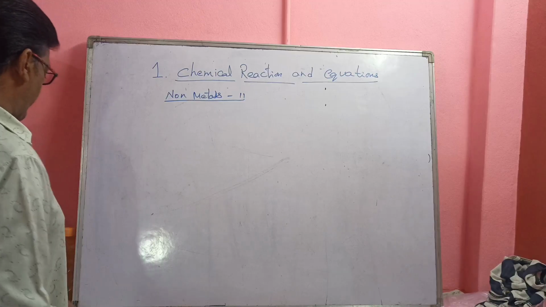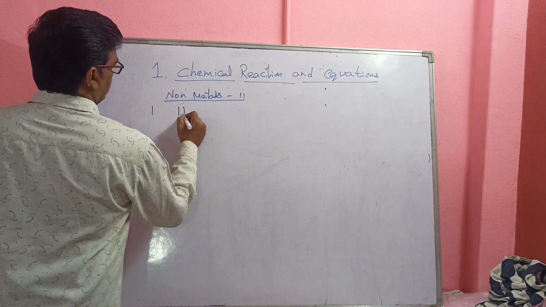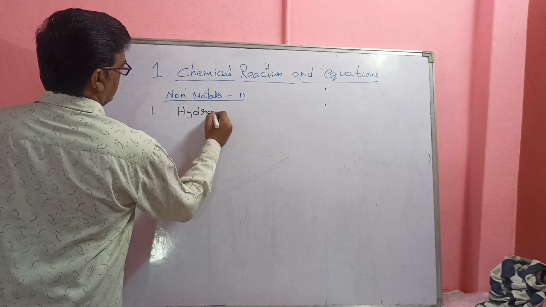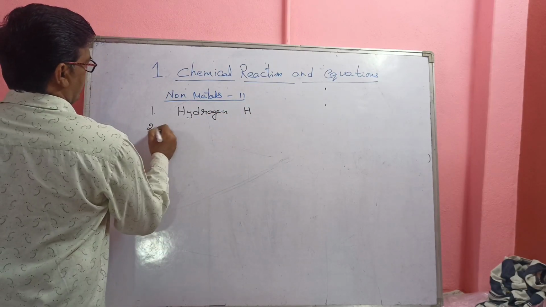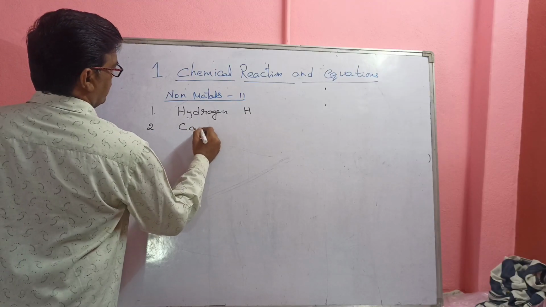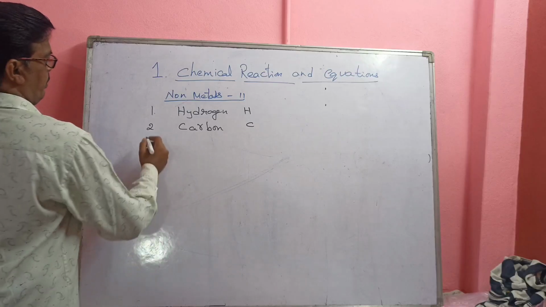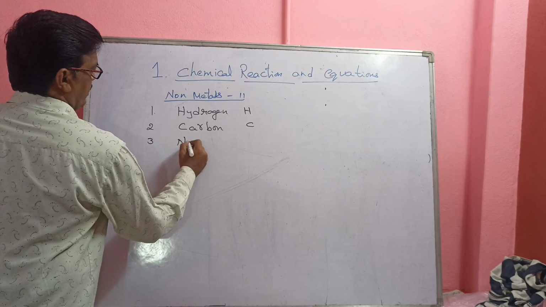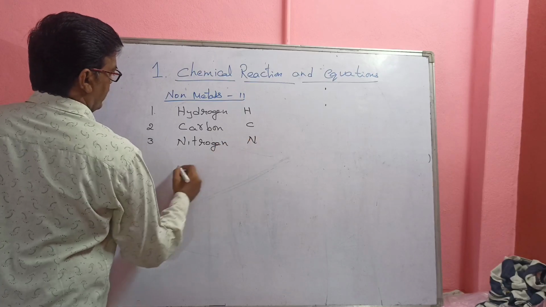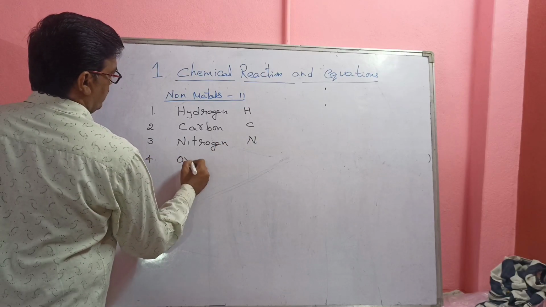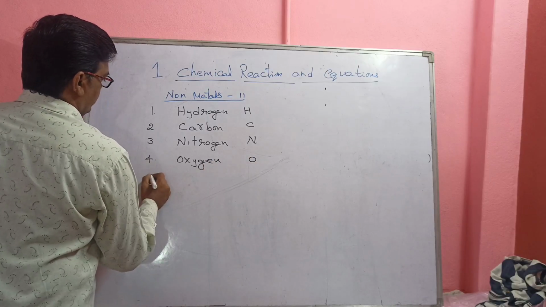First one is hydrogen, its symbol is H. Second, carbon, symbol C. Third, nitrogen, N. Fourth, oxygen, O.